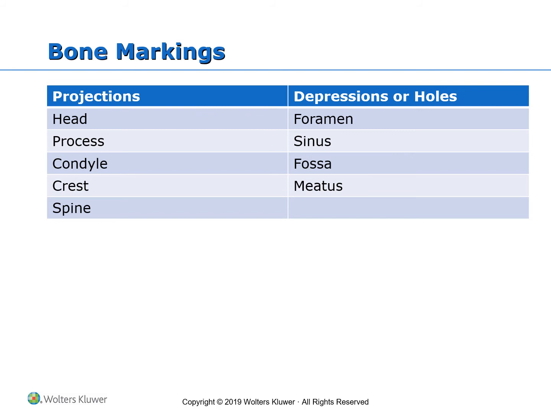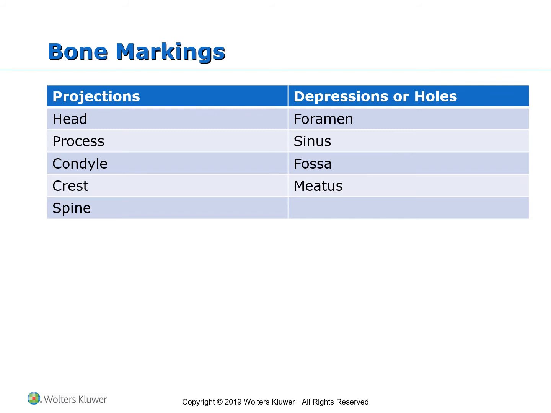So if those are the bone markings that stand out from the bone, we have those that are depressions or holes inside the structure, and we have foramen. That's a hole that will allow vessels or nerves to go through or between the bones. We can see a sinus. That's a cavity or a hollow space, usually filled with air, like the sinuses that we have in the skull bones.